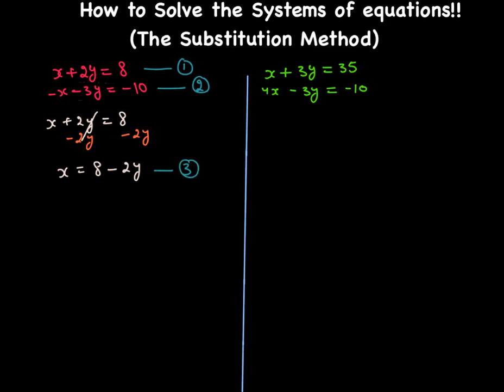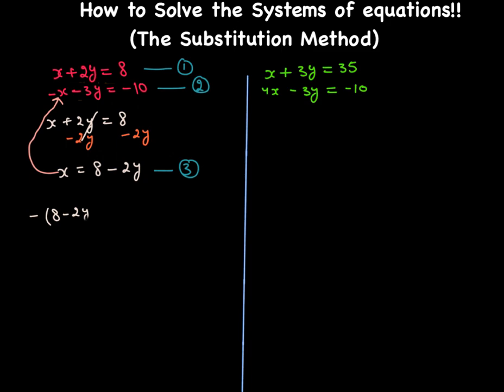Now I'm gonna plug the value of x from equation number 3 into equation number 2. Equation number 2 will look like negative x, and now we plug in the value of x, which is 8 minus 2y.